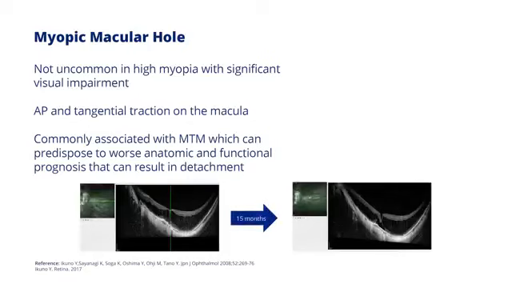In this example, you can see that this patient was followed up quite regularly and was stable initially with the S4 type of traction maculopathy, but over 15 months there was a progression with a foveal detachment and an outer retinal break. And so this patient then required surgery to prevent formation of full thickness macular hole and macular detachment.